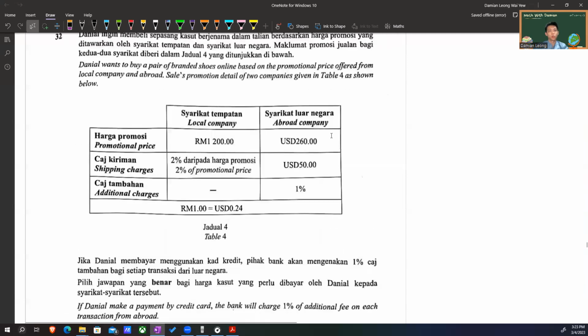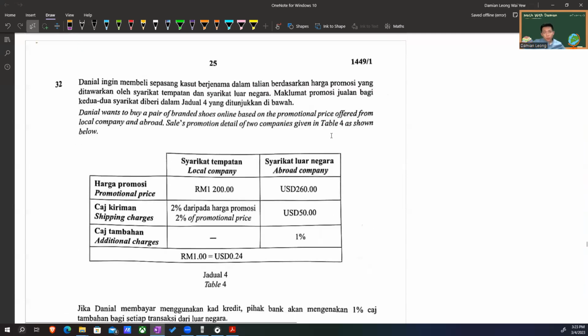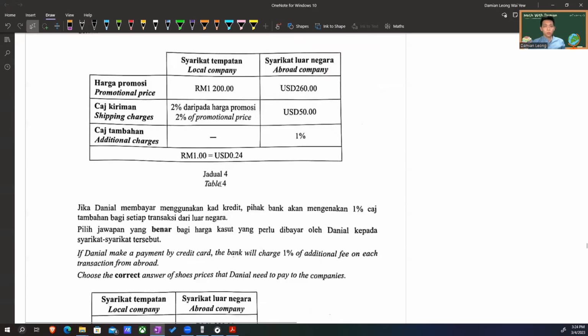Then question 32. Daniel wants to buy a pair of branded shoes online based on the promotional price offered from a local company and abroad. Sales promotion details are given here. If Daniel makes payment by credit card, the bank will charge 1% additional fee on each transaction from abroad.